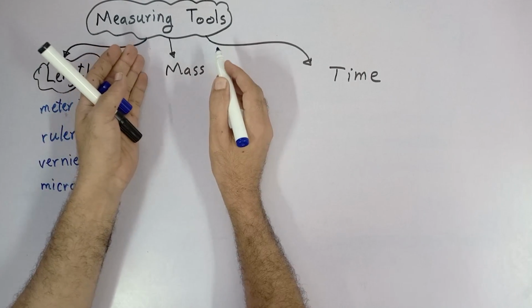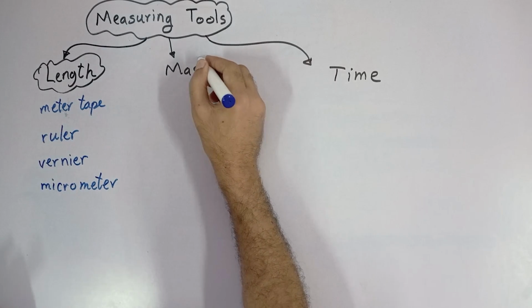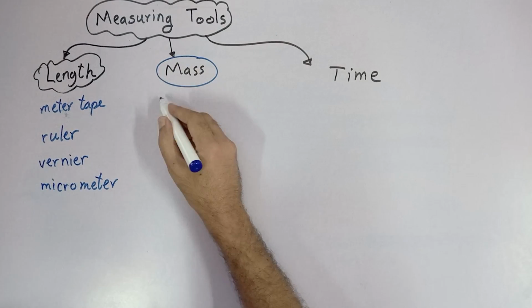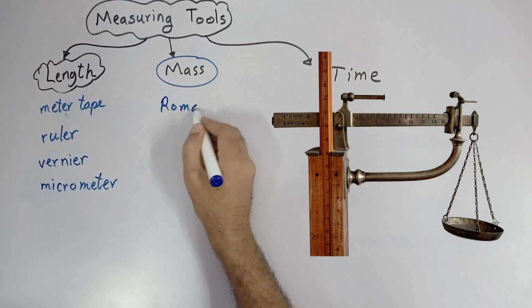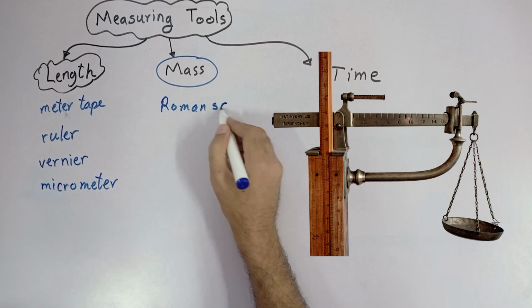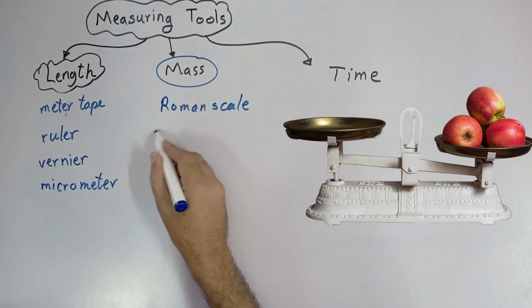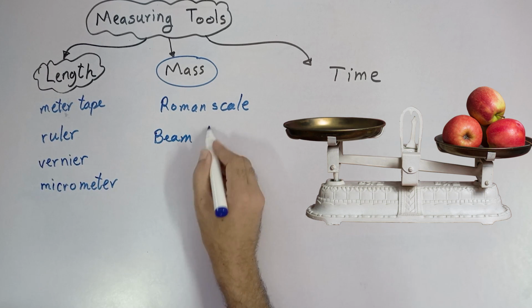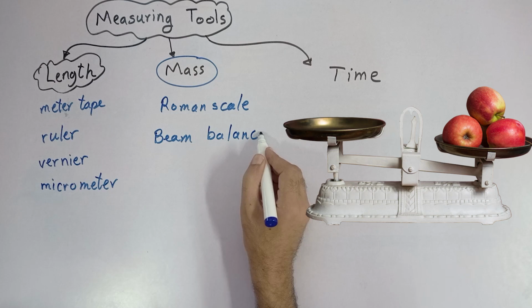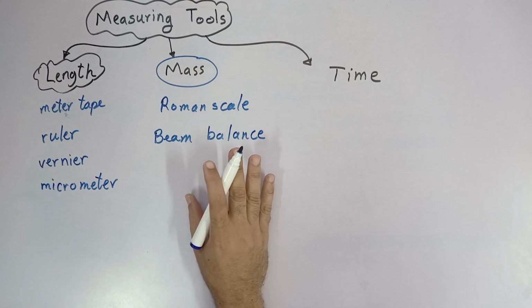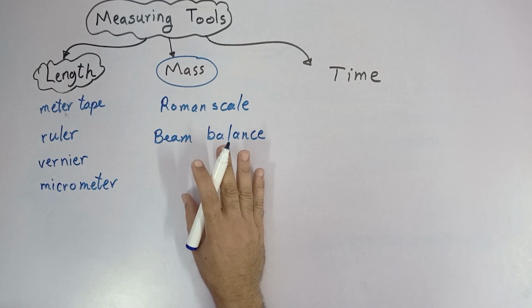What about the tools to measure mass? Roman scale, beam balance. I think you know the beam balance well. It has two pans.